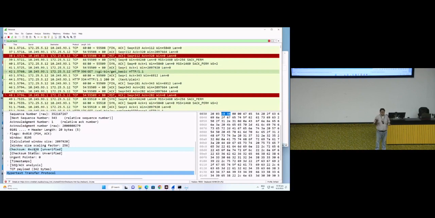It's just an error detecting code, a way to add redundancy so you can detect if an error happened. And it turns out that link layer, network layer, and transport layer all have a checksum. And does application layer have a checksum? So I'm telling you, link, network, and transport layer have a checksum.